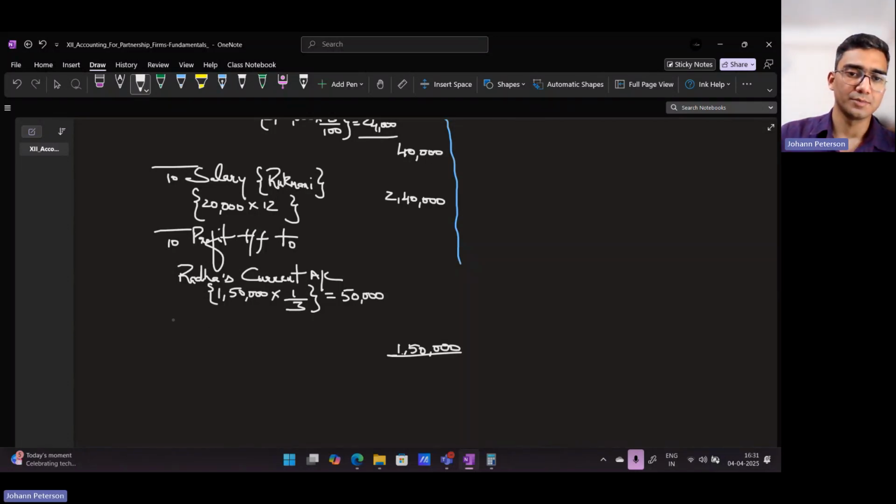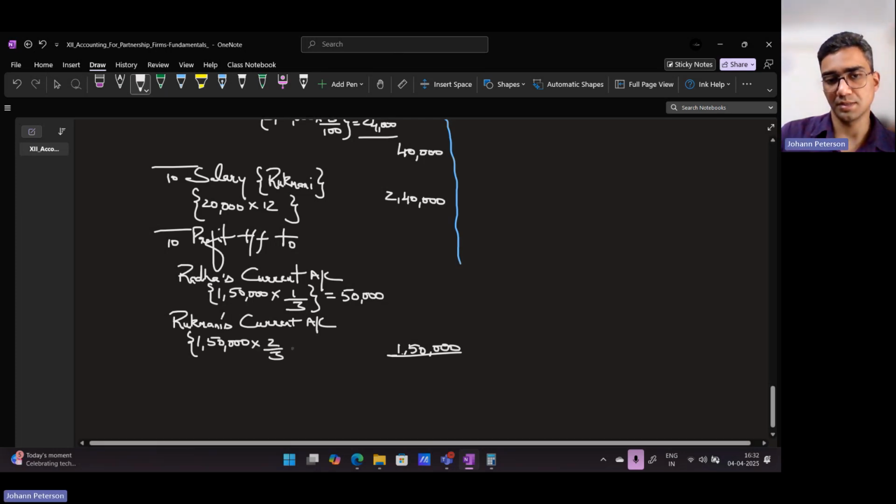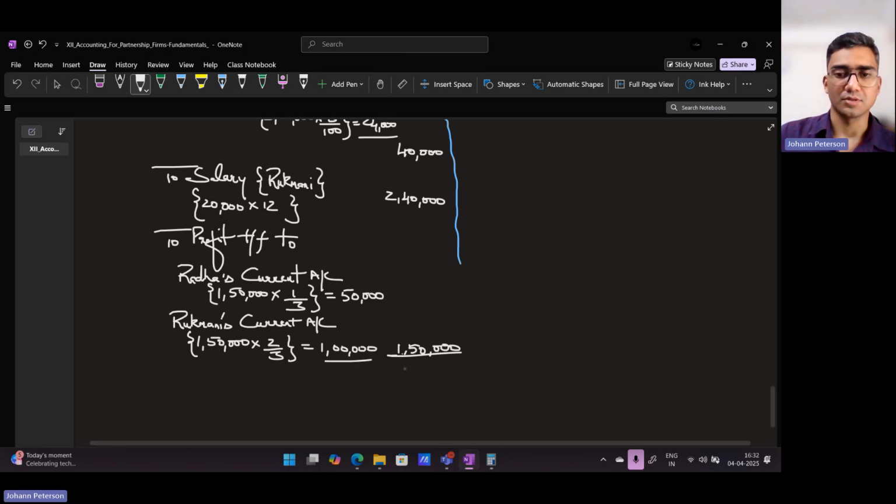And Rukmani's current account, this amount is 1,50,000 into 2 upon 3, which is 1 lakh. So this totals up to 1,50,000.